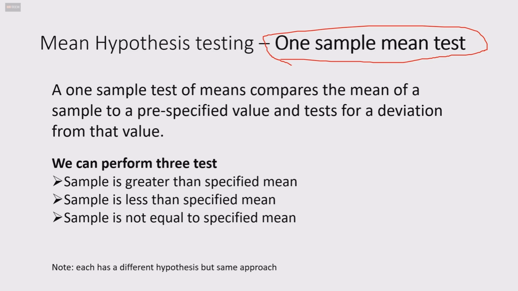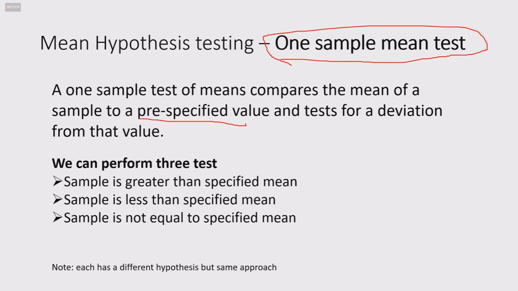In this case, one sample t-test, there is a pre-specified value. Then you want to compare the mean of a sample to that pre-specified value. And there are three tests we can perform. We may want to check whether the sample is greater than the specified mean, or the sample is less than the specified mean, or the sample is not equal to the specified mean.